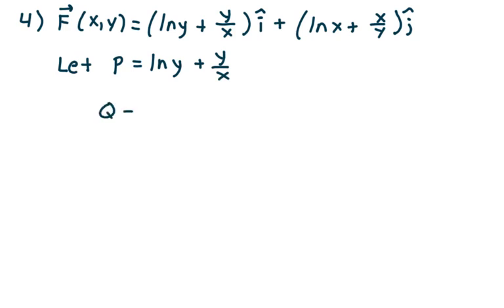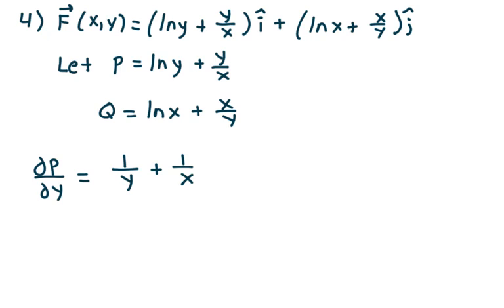And we're going to let q equal natural log of x plus x over y. So the partial of p with respect to y equals 1 over y plus 1 over x. The partial of q with respect to x is equal to 1 over x plus 1 over y.